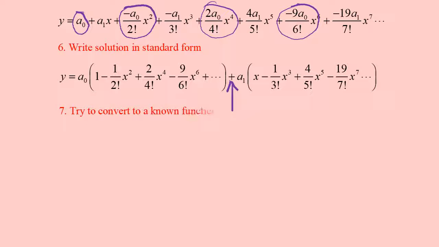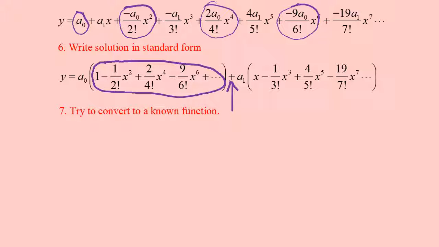Now lastly, we would like to be able to write this as some known functions. And sometimes that is possible. And that means our knowledge of series, can we take this and write it as something like, maybe this is a sine of 2x, or maybe it's an e to the 5x, maybe it's a ln of x minus 1, I don't know.